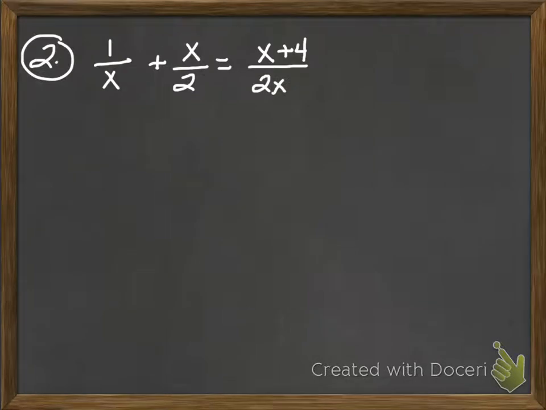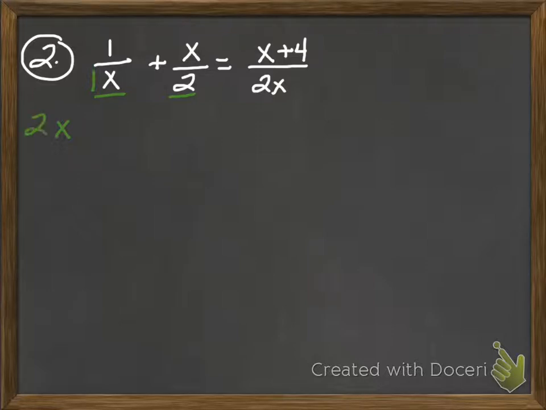Okay, here we go. So the first thing that we got to do is figure out what the least common multiple is. So notice I have an x in the denominator, so I'm going to use that for my least common multiple. I also have a 2 here. And the only other constant that I have down here is a coefficient, which is 1. So that's going to just leave me with a 2.